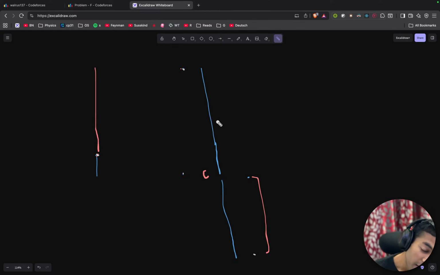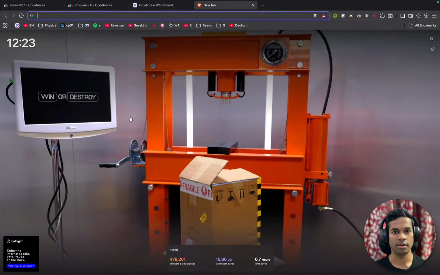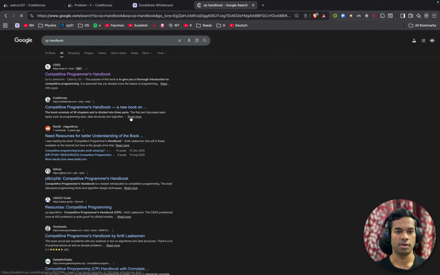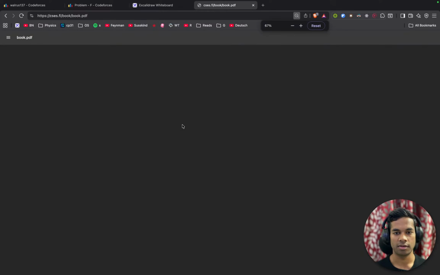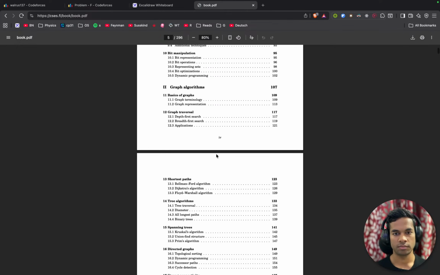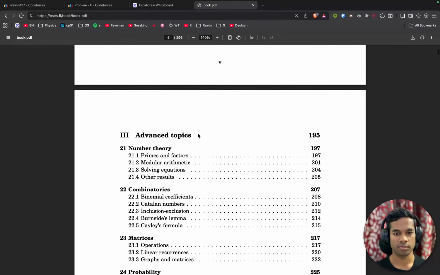Coordinate geometry. Okay, right now, as you can see, I'm struggling with coordinate geometry. So what do we do when we struggle? CP handbook. We pray here. CP handbook. Graph algorithms, nope. Advanced algorithms, yes. Advanced topics.